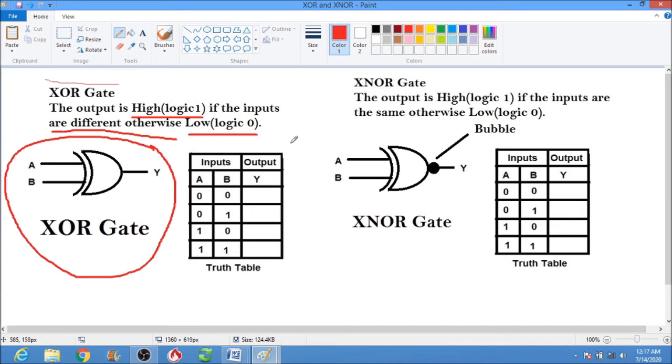Meaning, if our inputs are different, then the output is high. If the inputs are the same, then the output is 0. Okay, so let's discuss the truth table.